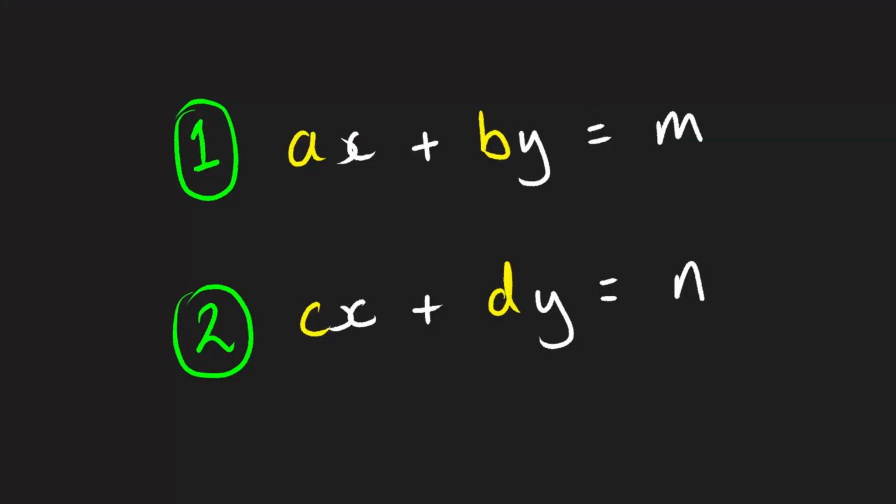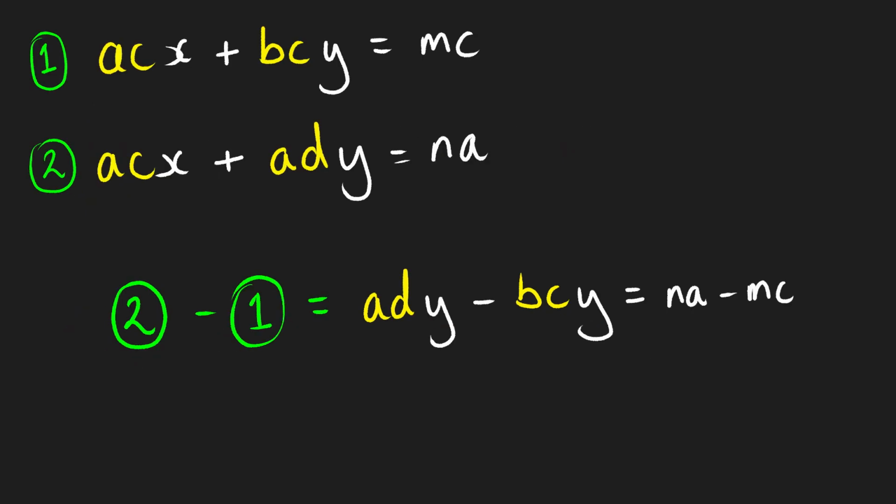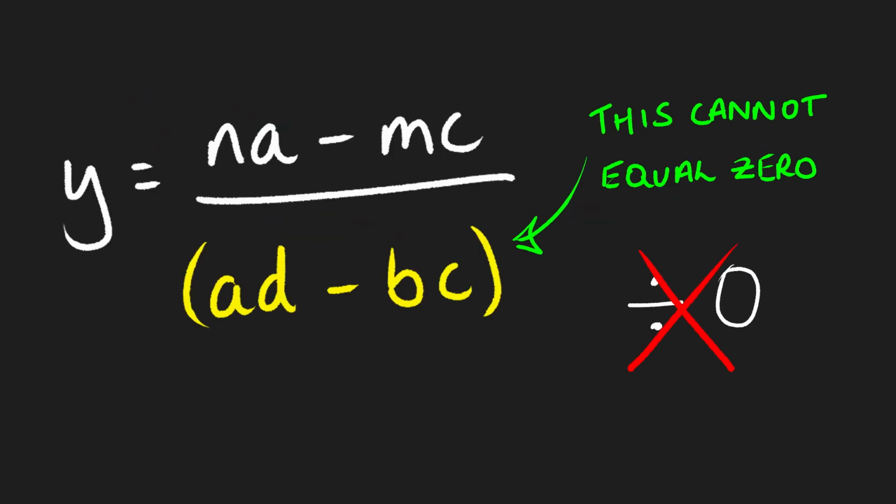Similarly to how we found the determinant of a 2x2 matrix, where we solved the simultaneous equations in the generic form and were met with AD minus BC multiplied by Y is equal to whatever is on the other side, let's go down that same route here and try to solve this simultaneous equations question.